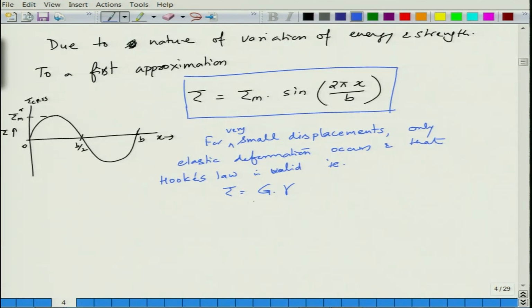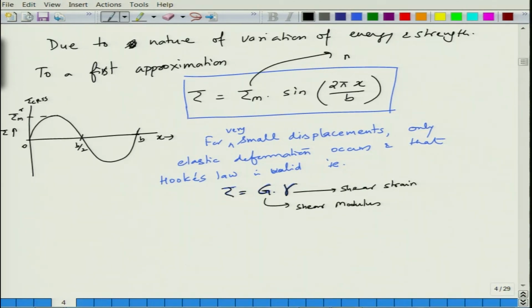So, shear stress is equal to shear modulus multiplied by shear strain, so tau is equal to G multiplied by gamma. G is the shear modulus and gamma is the shear strain.